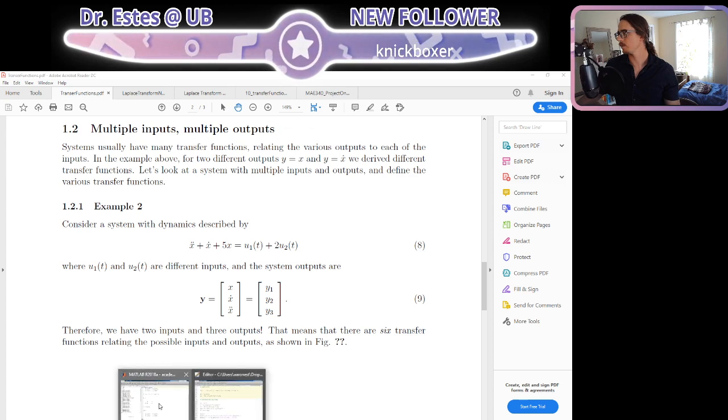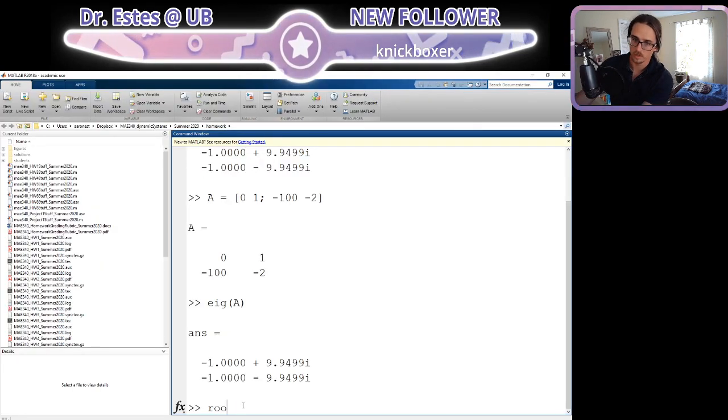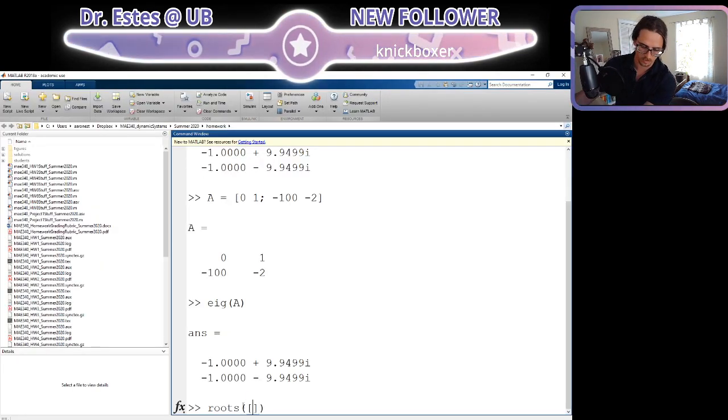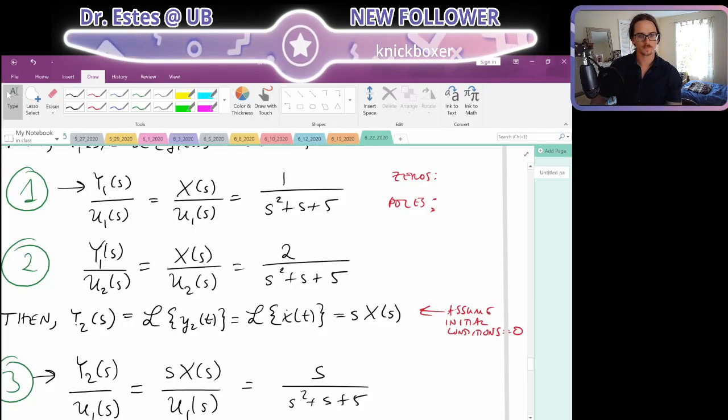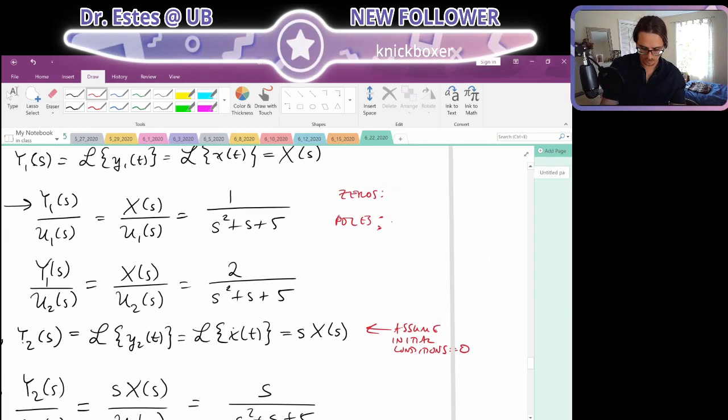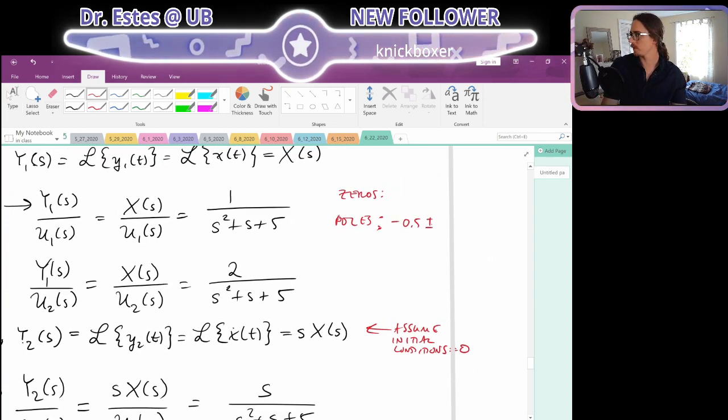Let's go to MATLAB. Roots of s squared plus s plus 5. So minus 0.5, 0.5 plus or minus, let's call it 2.18i.